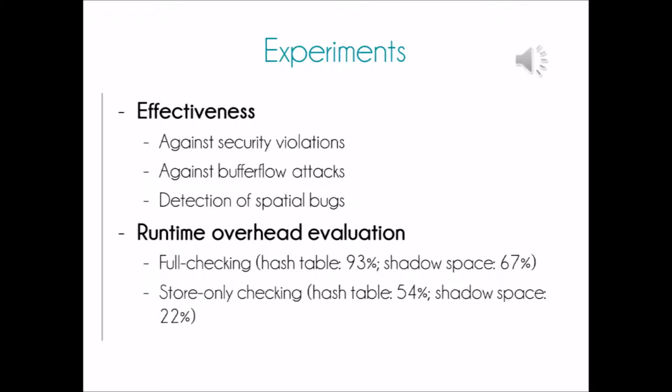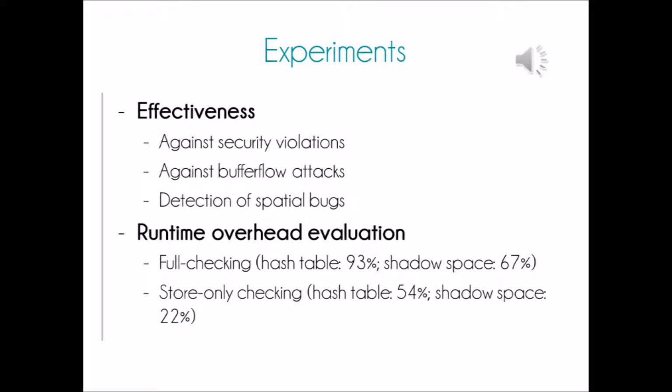As to detection of spatial bugs, SoftBound with full checking was able to detect and prevent all of the errors. SoftBound with checking only for stores was able to detect all of the store overflows, but not the load overflows. The average runtime overhead in full checking mode is 93% for the hash table implementation and 67% for the shadow space implementation.